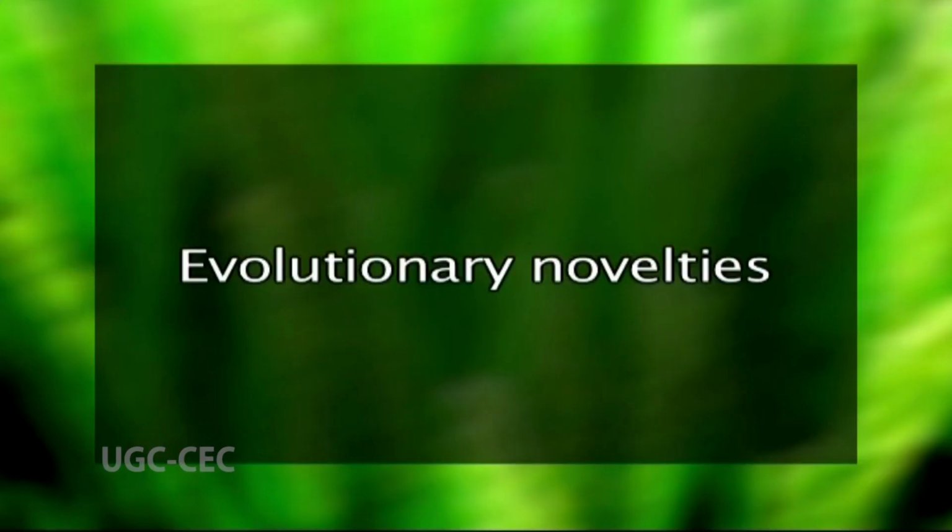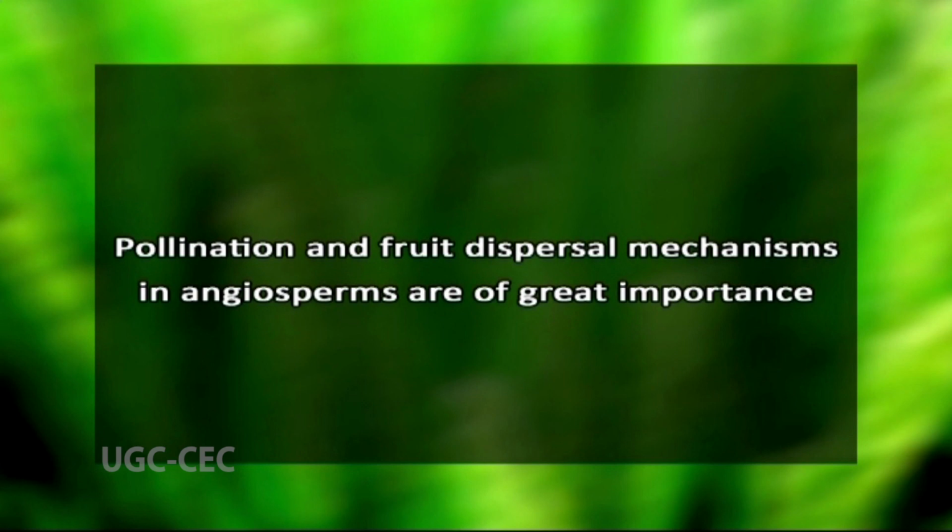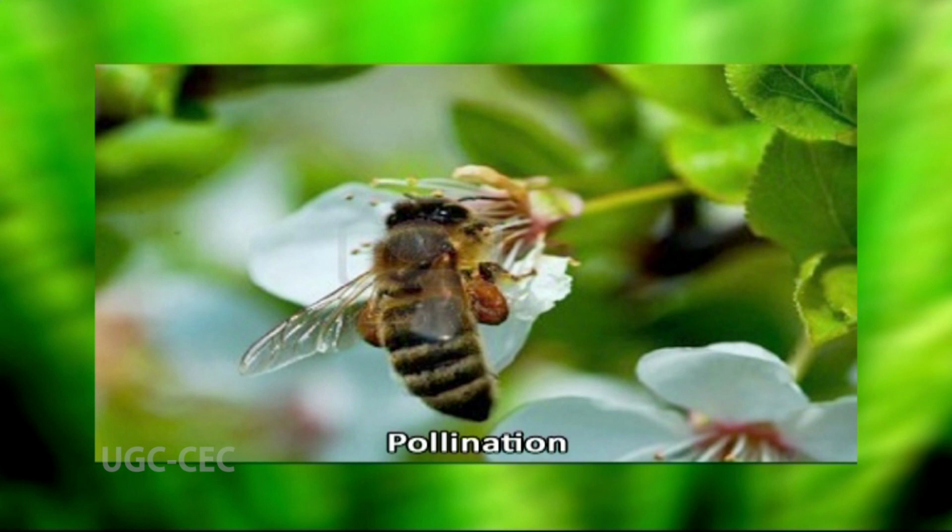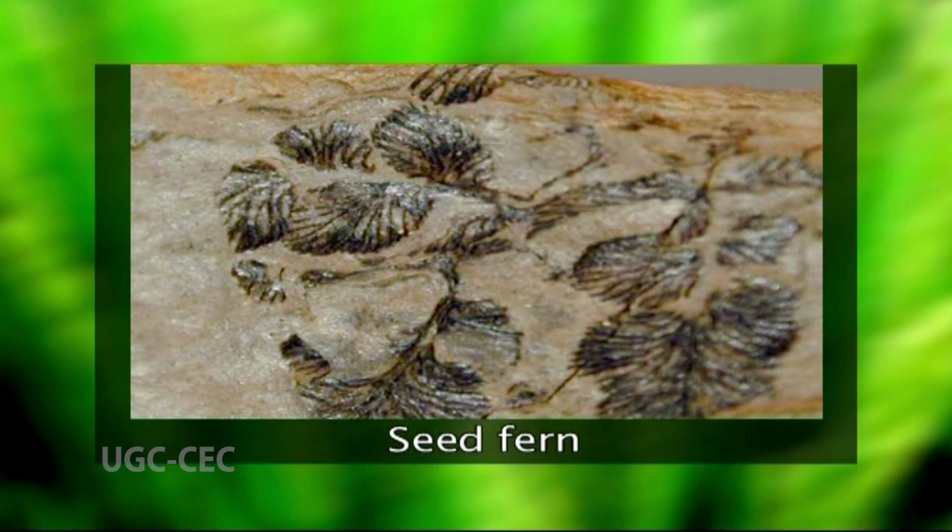After discussing these various hypotheses, there are various evolutionary novelties that we see in angiosperms that are believed to have played a pivotal role in their diversification. Out of these, the pollination and fruit dispersal mechanisms are of great importance. Pollination by insects, called entomophily, is even known from the fossil Bennettitales and seed ferns. Insect pollination was established by the time the core angiosperms had already evolved.